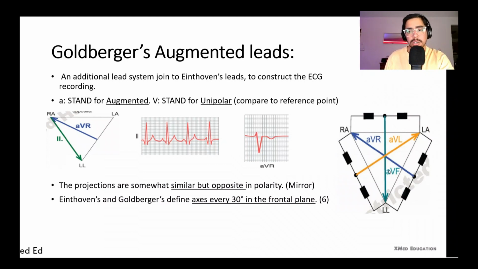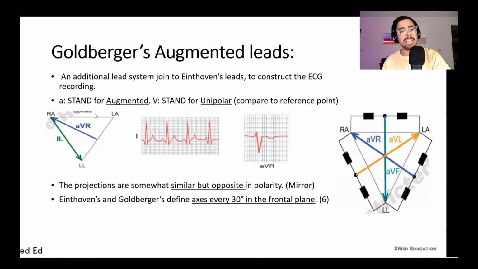So this is how they actually work in this system, and in their name, A stands for augmented and V stands for unipolar. So how does the picture of this aVR, for example, look? In lead 2, the direction is from the right arm to the left leg, and the vector will be something like this.